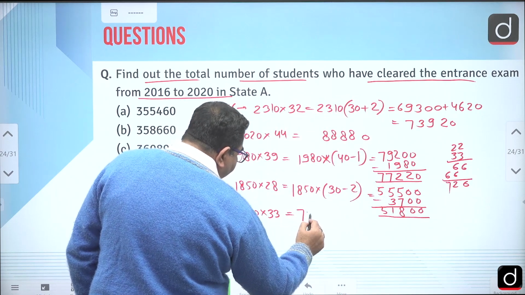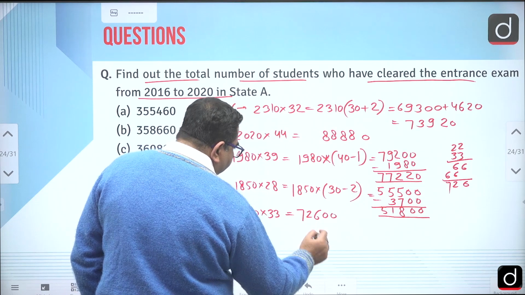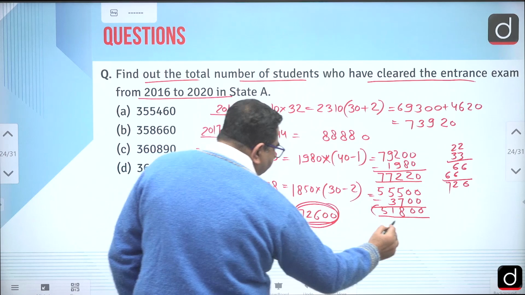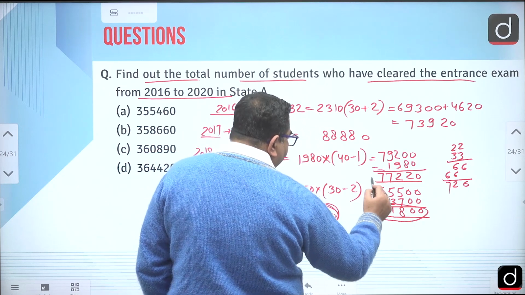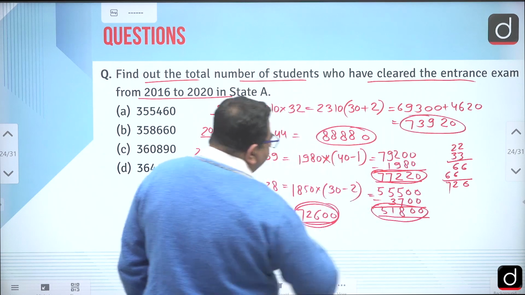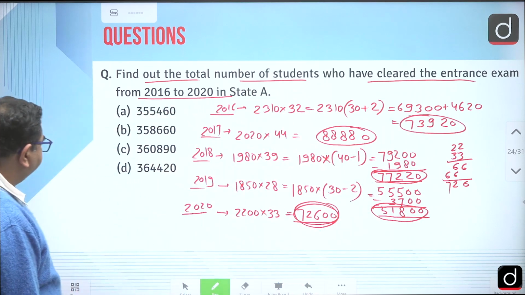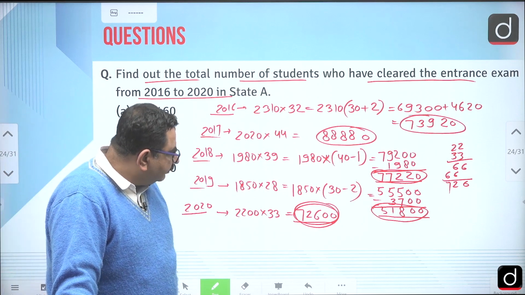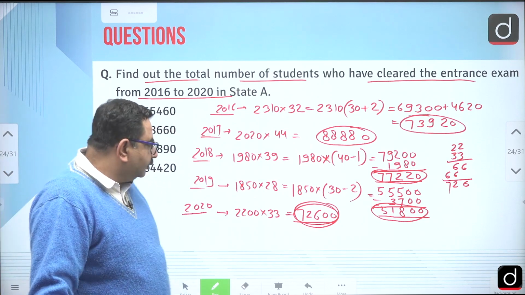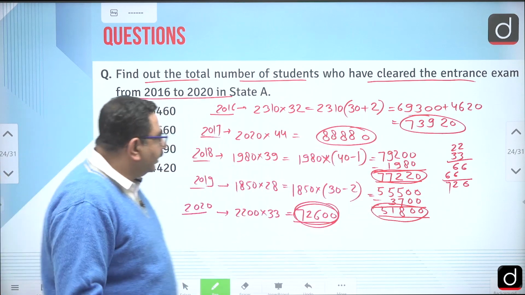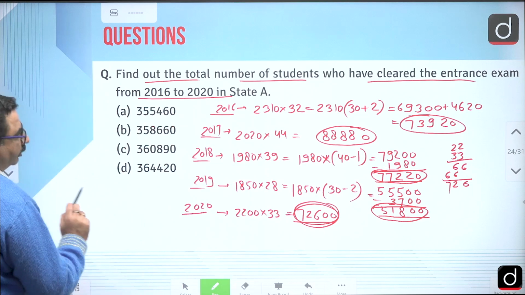So that is 72600. So these are the numbers basically which we have got: one, another, another, another, and this one, right? So 73,920, 88,880, 78,...51,800 and 72,600. Okay, so can we add all of them? Then we can get the answer, right? So I am doing it here.